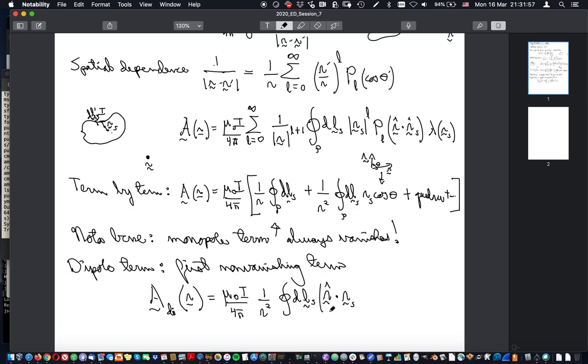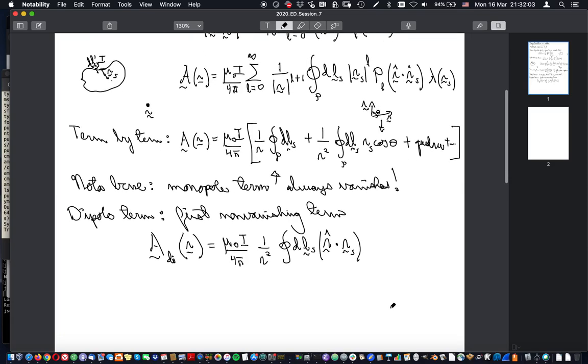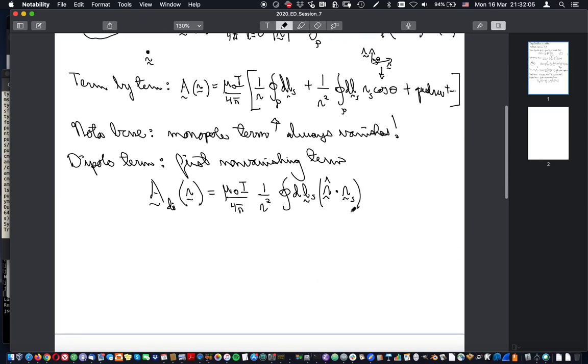Okay, so that's the object that we need to calculate. Maybe in the notations sometimes I'll switch to r_s as r prime. We'll see how we do. Okay, now there's a useful little identity that we can use to simplify this expression here. So, useful identity.